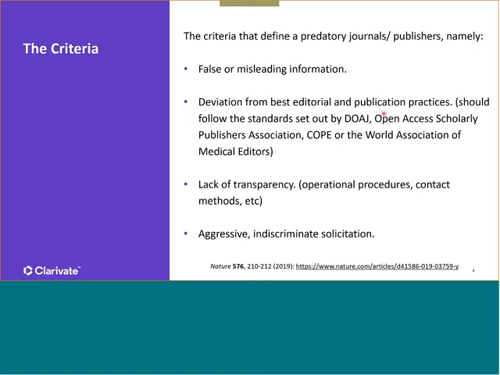And if they have indicated Open Access Scholarly Publishers Association as one of their practice standards, that is also a good thing. COPE, and then World Association of Medical Editors. So these are just some of the examples of standards for publishing.